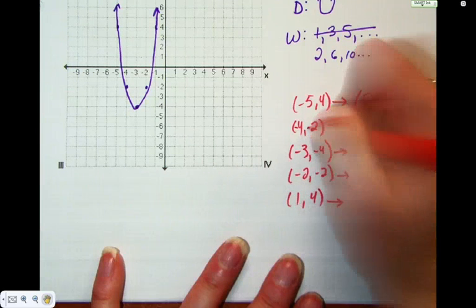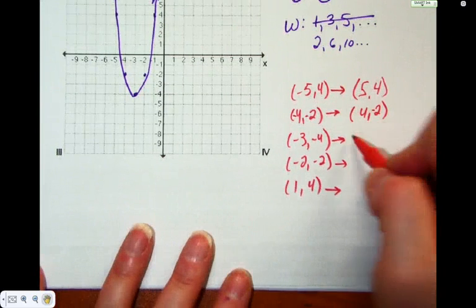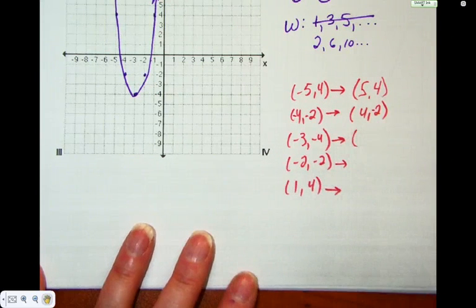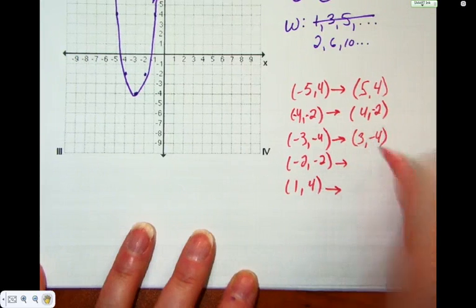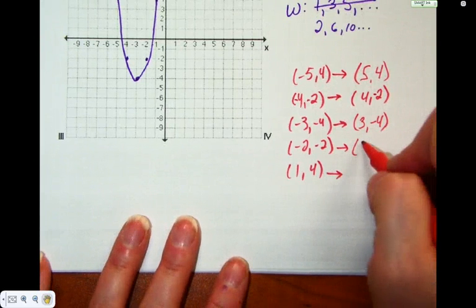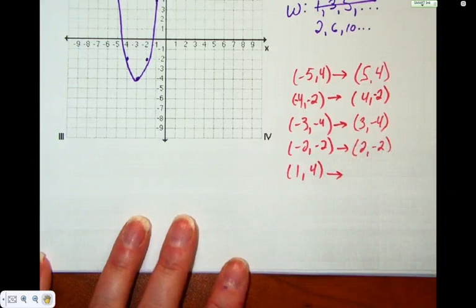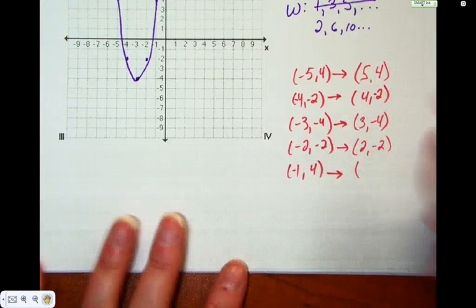It was at negative 2. (-3, -4) goes to (3, -4). (-2, -2) goes to (2, -2). And (-1, 4) goes to (1, 4).